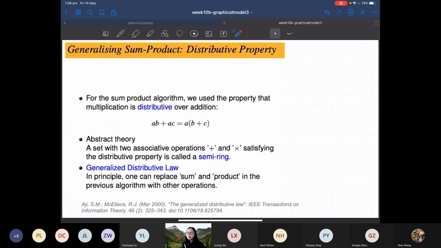So here's a quick note about generalizing sum product, right? In the year 2000, there's this really cool paper called the generalized distributive law. As we said, the sum product algorithm is yet another instance of this large class of algorithms called dynamic programming.